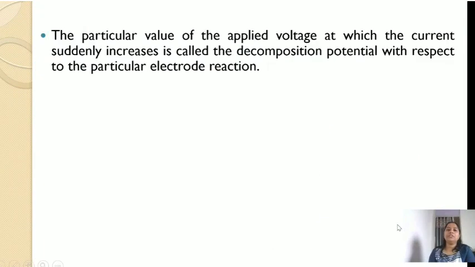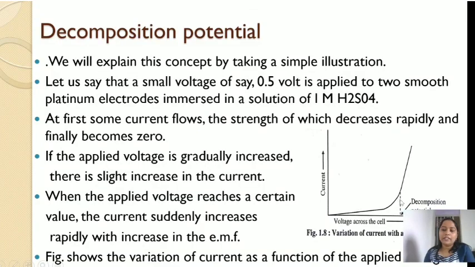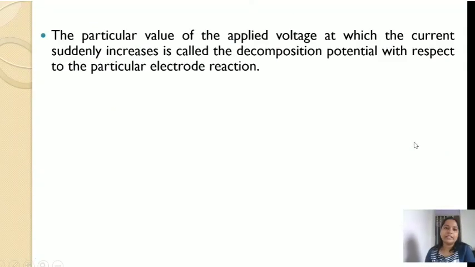So the definition is: the decomposition potential of an electrolyte may be defined as the minimum external voltage that must be applied in order to bring about continuous electrolysis. Here in this diagram, it is the decomposition potential, at which continuous electrolysis starts and the current rapidly increases.